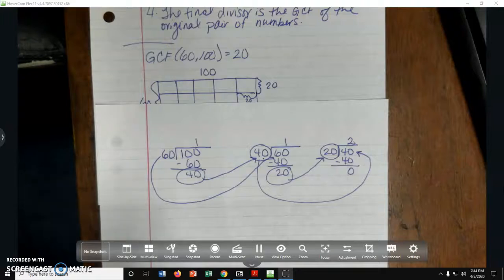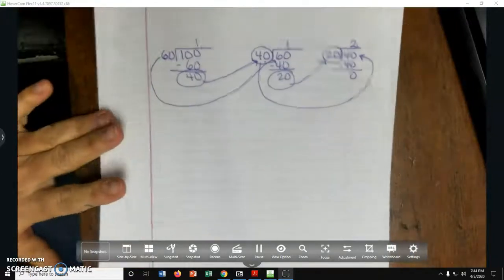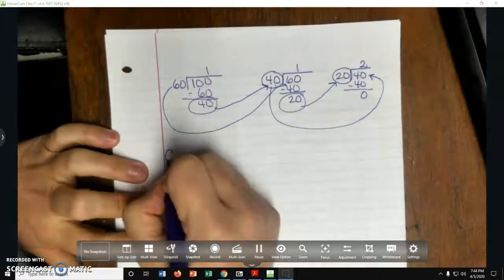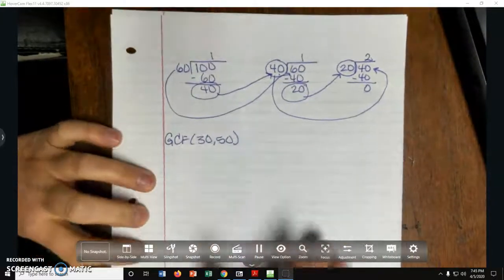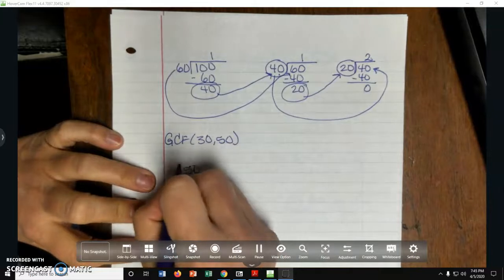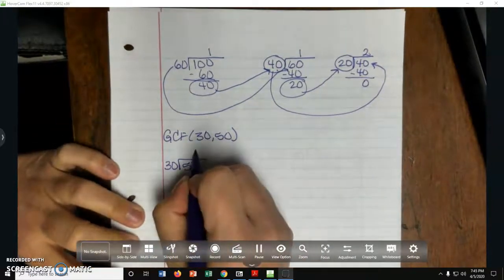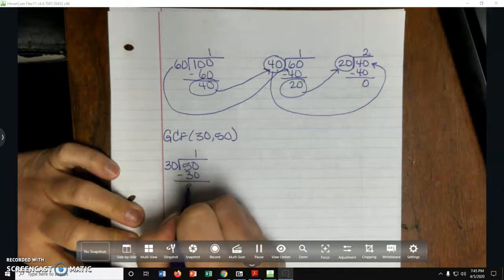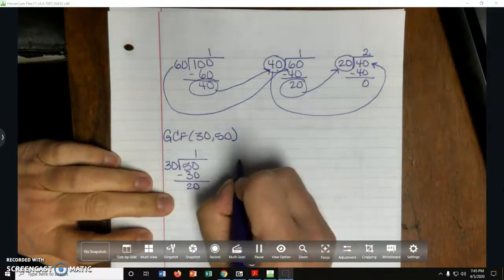Example 2 says, let's find the greatest common factor of 30 and 50. Step number 1, divide the larger by the smaller. So we divide those. We get a remainder of 20. This 20 becomes my new divisor.